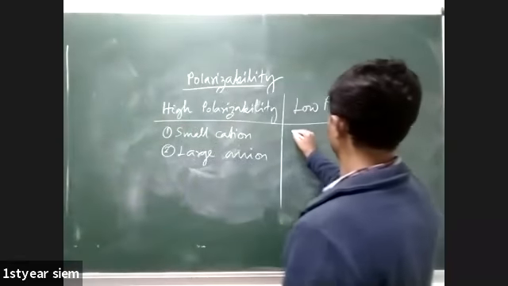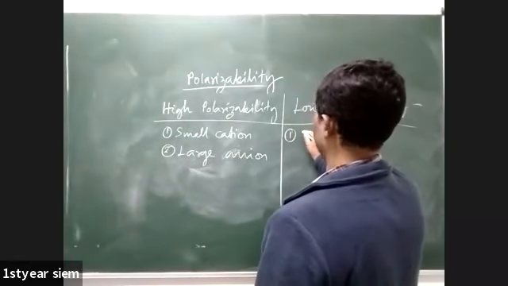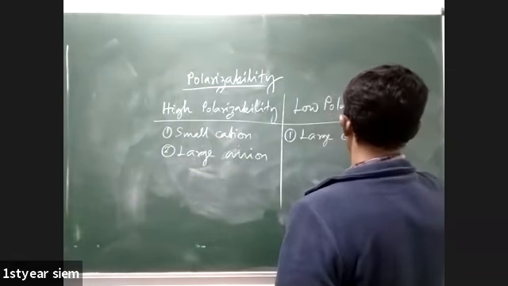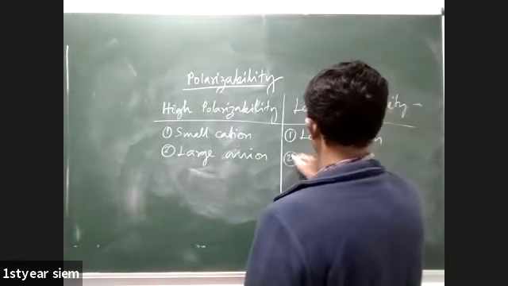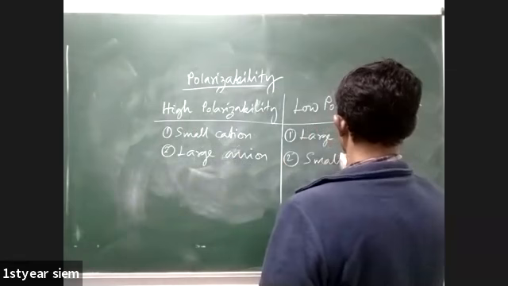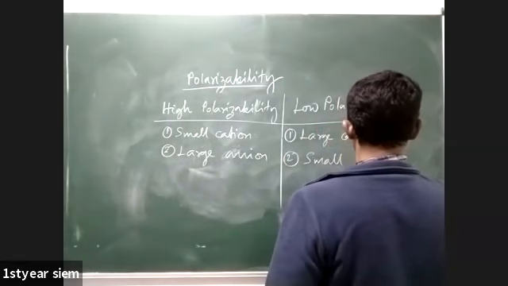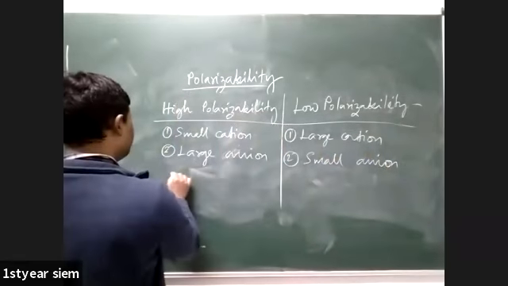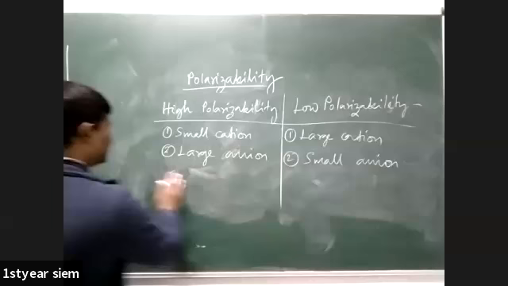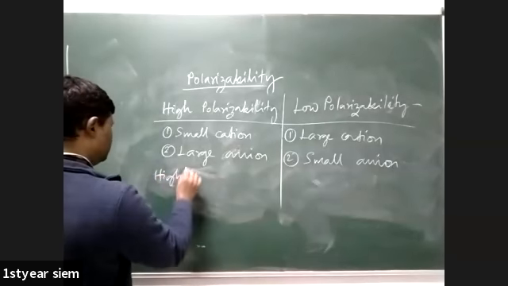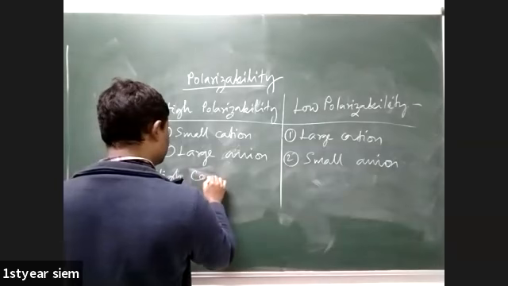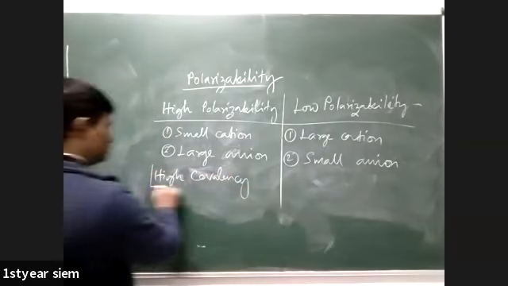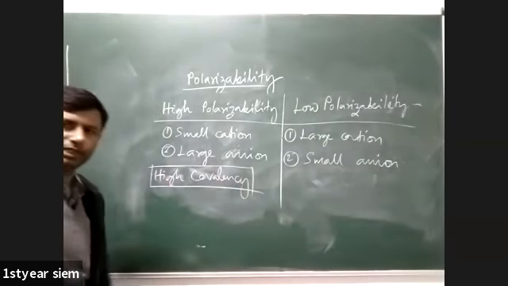Here, just the opposite, a large cation and a small anion, is low polarizability. High polarizability means high covalent character, high covalency.